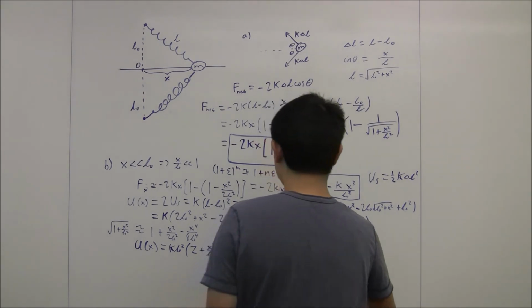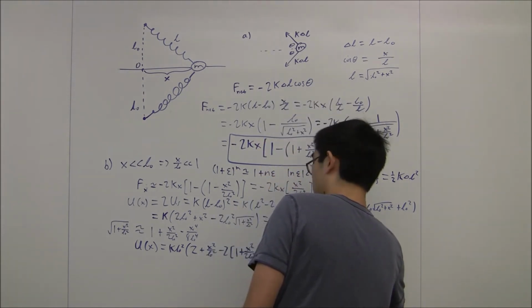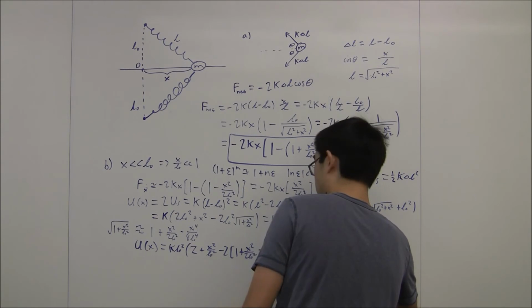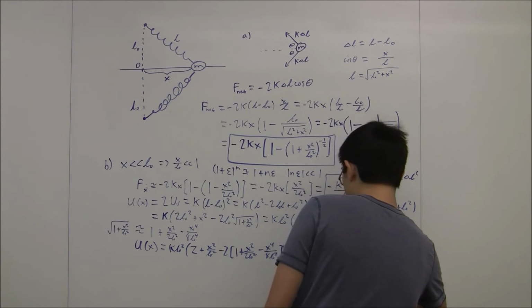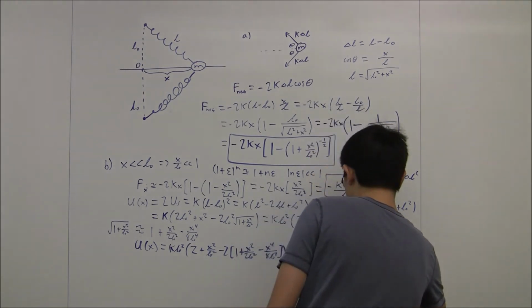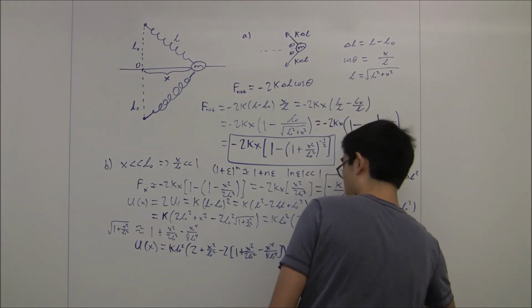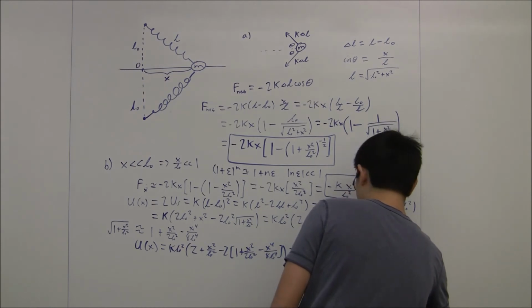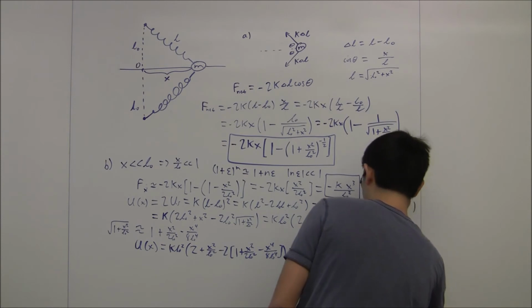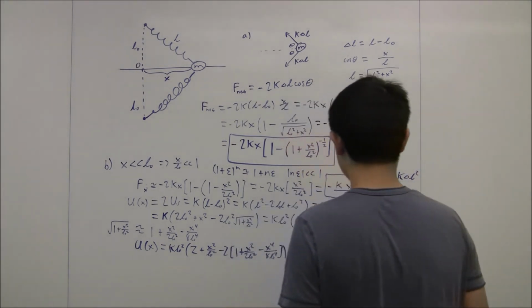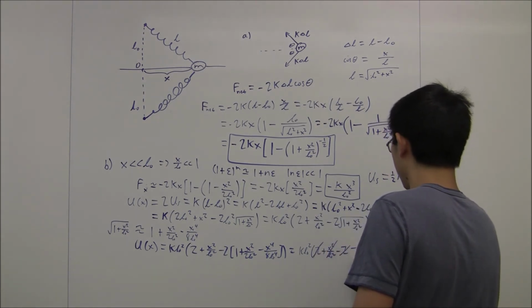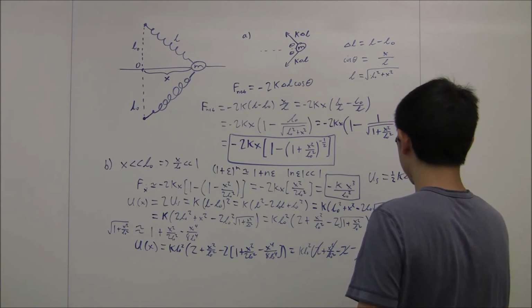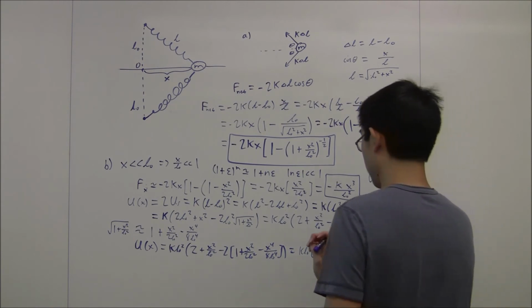If we expand it out, that gives us k times L naught squared times 2 plus x squared over L naught squared minus 2 minus x squared over L naught squared plus x to the 4 over 4 L naught to the 4. So notice that the 2's cancel out and the x squared over L naught squared cancels out, leaving us with just this positive term right here.